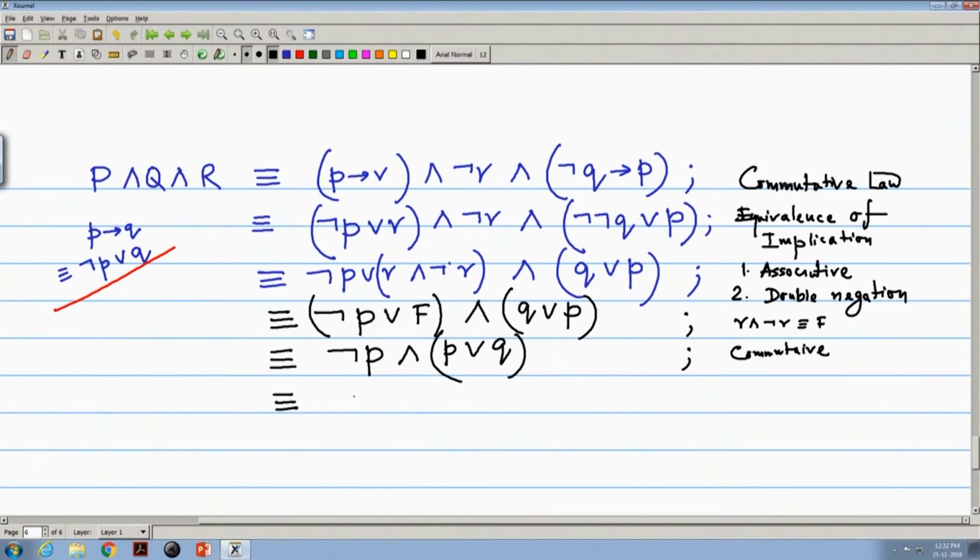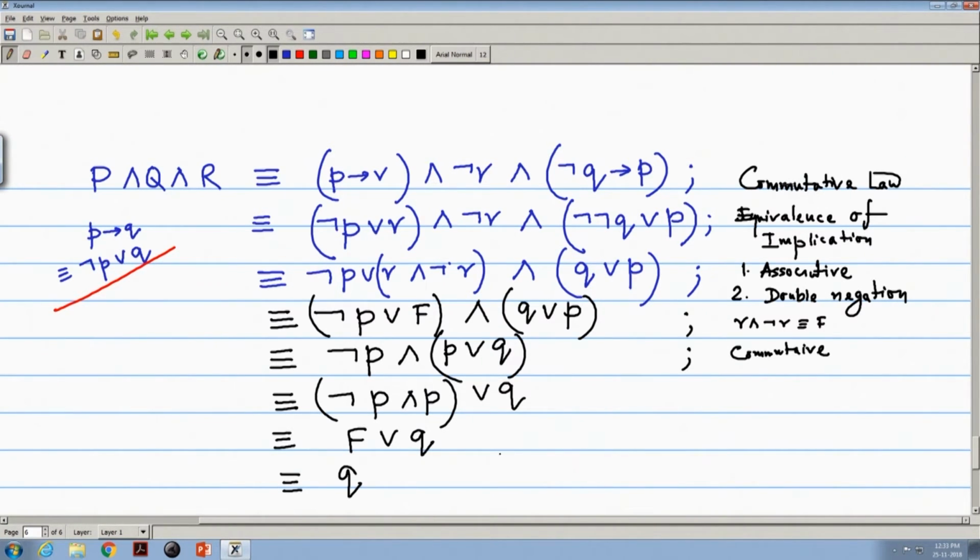So, this becomes again associative: negation p and p, or q. We have just now used that negation p and p is F, F or q. So, this is equivalent to q.